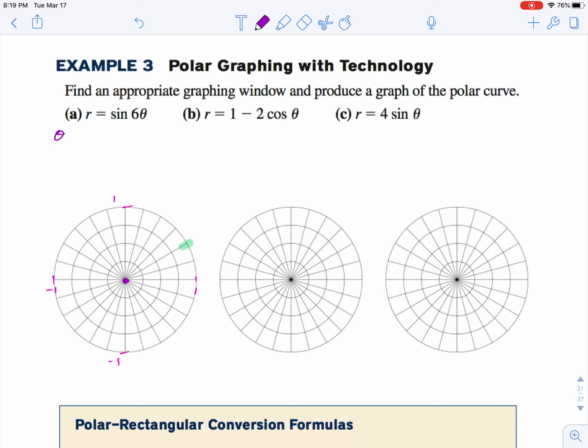So I start with, when theta is 0, I get a radius of 0.